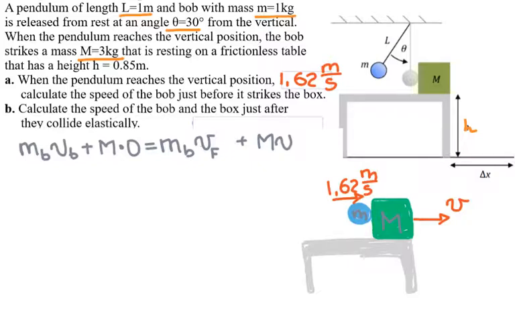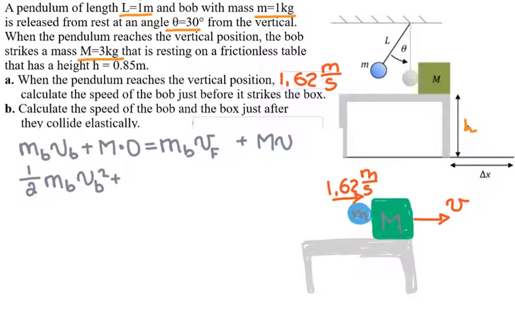I don't have enough information to solve this because they don't give me the velocity of the ball right after the collision, and they don't give me the velocity of the block right after the collision. But they say it's an elastic collision. Because it's an elastic collision, energy is conserved. So the energy of the ball is 1/2 the mass of the ball times the velocity of the ball squared.